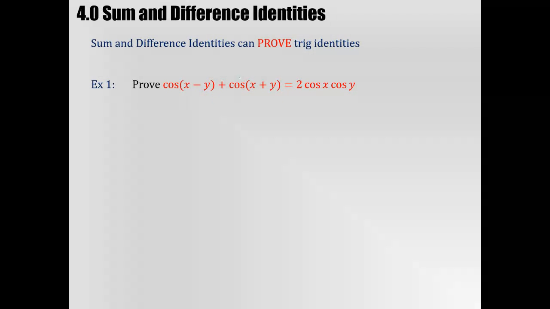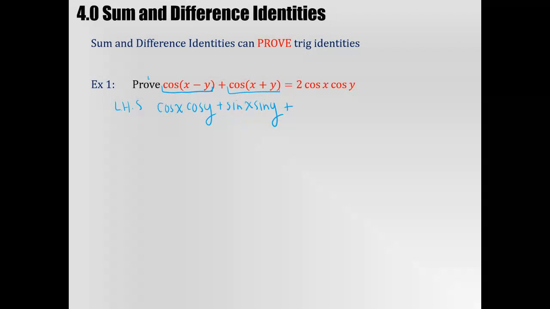So this is where I'm going to choose to work on the left-hand side, and I'm going to make the left-hand side look like the right-hand side. But I can use these identities. So this right here is the same thing as cosine of x, cosine of y, plus sine of x, sine of y.